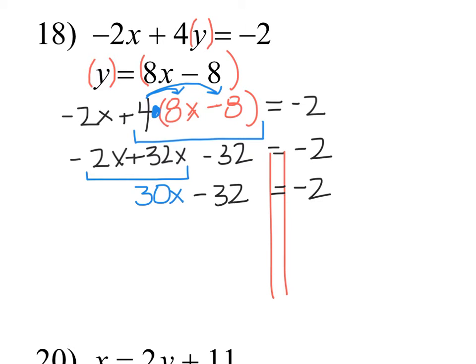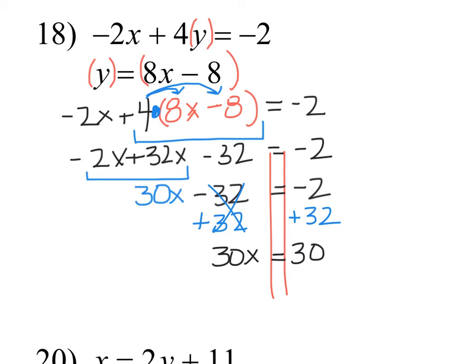Now I can start solving. I'm down to 1x. That means I can start isolating it to figure out what its value is. I'll begin by adding 32 to cancel out minus 32. I have 30x equals positive 32 plus negative 2, which is positive 30.